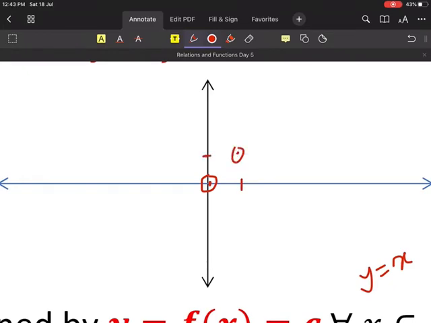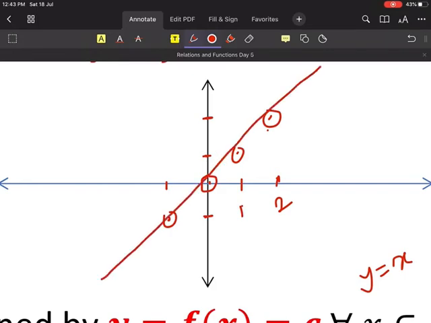Now if I put X is 1, Y is 1, right? So this point. Now if I put X is 2, Y is 2, so it will be here. Now if I put X is minus 1, Y is minus 1. So we have a point in here, right?